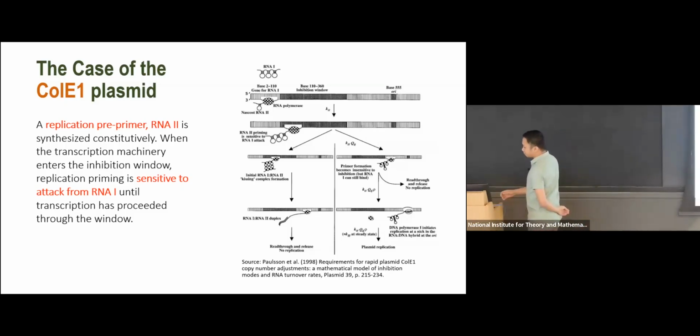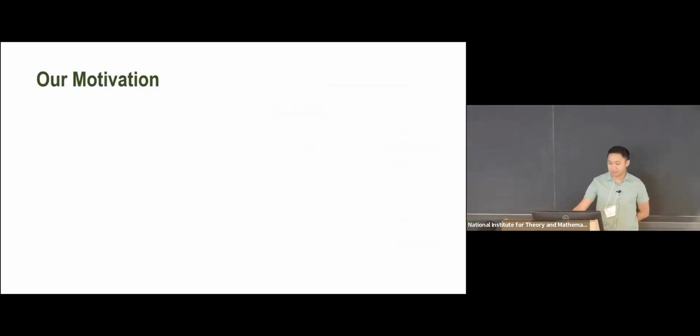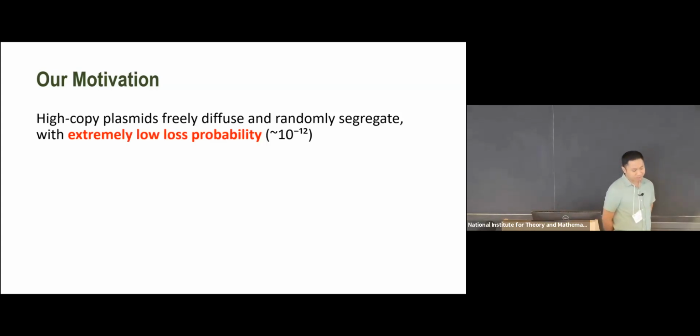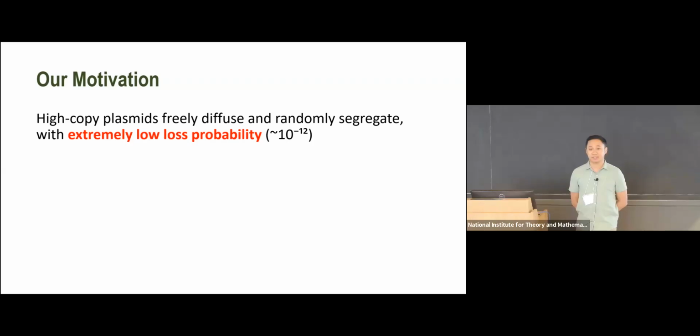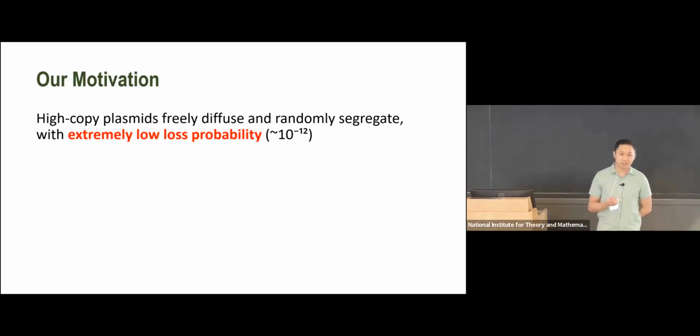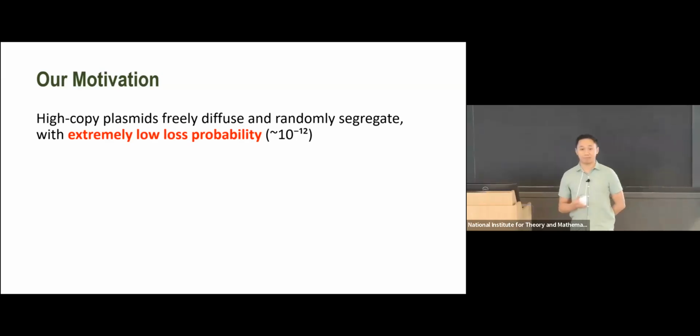Now, the ColE1 plasmid is a high copy plasmid, and high copy plasmids are thought to be freely diffusing in the cytosol. In these cases, there's no active partitioning system for plasmids, in which case you would imagine the segregation to happen binomially.